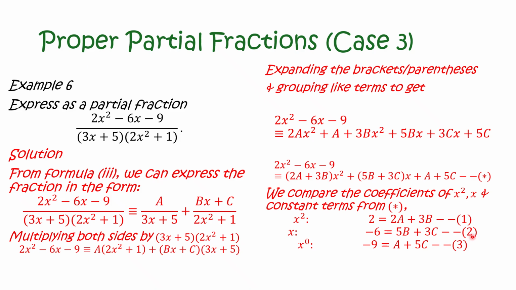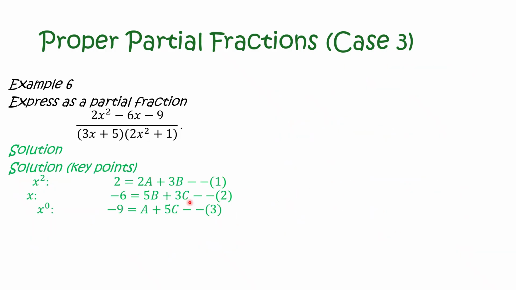And for x, we have minus 6 is equal to 5b plus 3c. This one becomes equation 2. And for the constant term, or x to the power 0, we're going to have minus 9 is equal to a plus 5c. Let's label this equation 3.